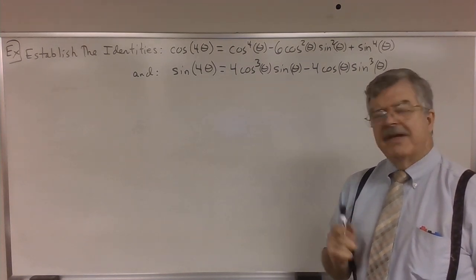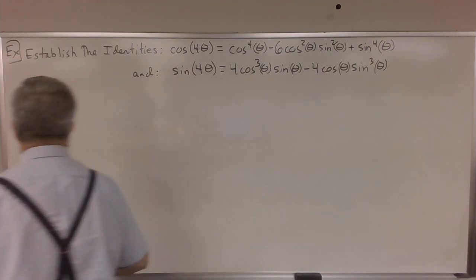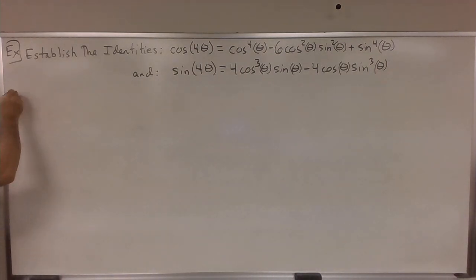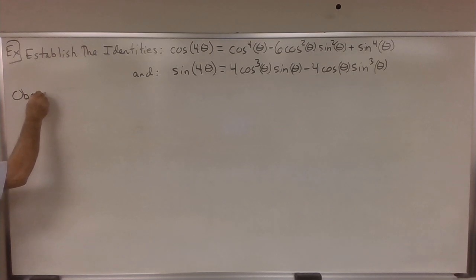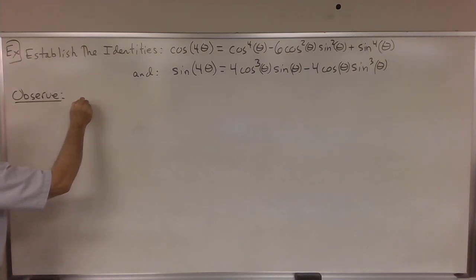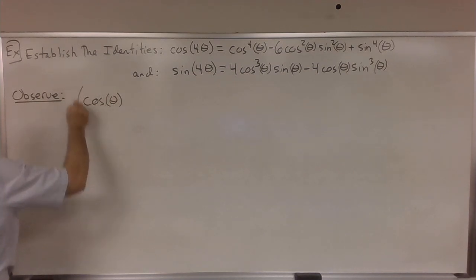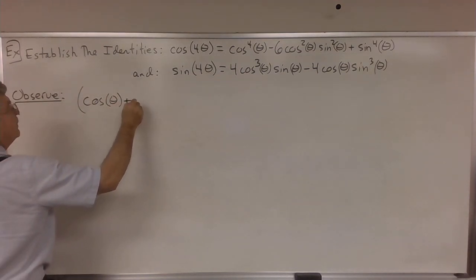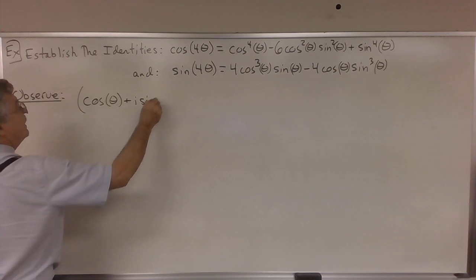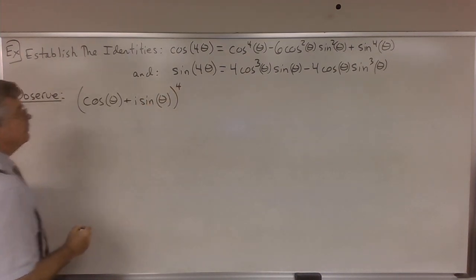And I think that's exactly what we should do. So, cosine theta plus i sine theta to the 4th.